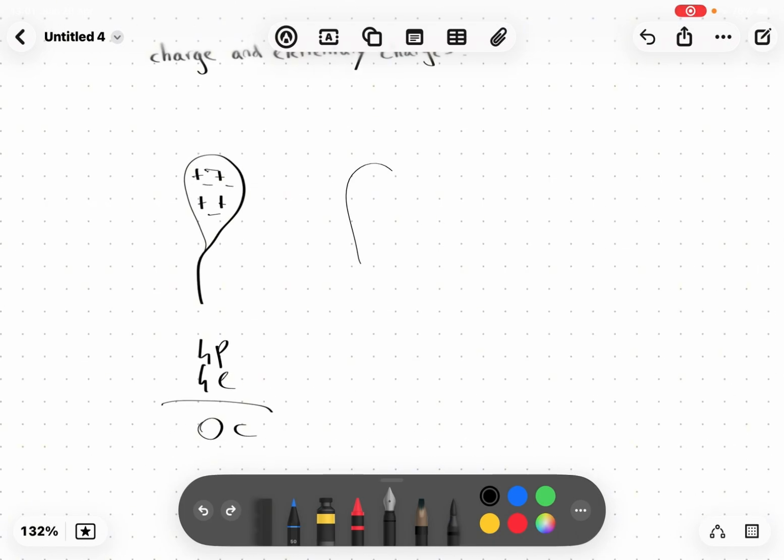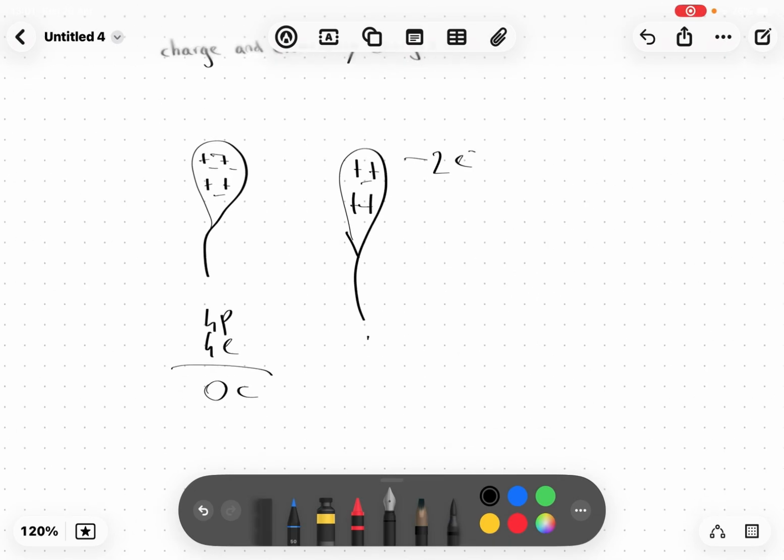However, if we have a balloon with 4 protons, but this time we take away 2 electrons, that means we have 4 protons and 2 electrons, and that gives us 2 coulombs, because 4 minus 2 equals 2, and that is charged.